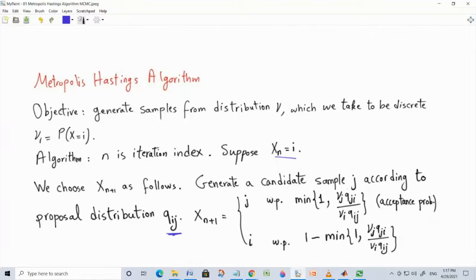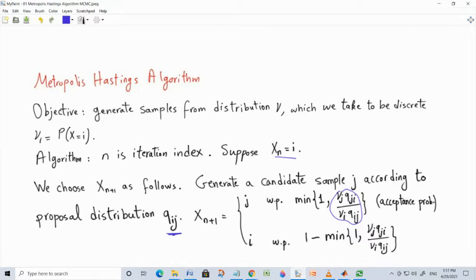This probability involves computing this mysterious quantity. If you see here, it is mu_j Q_ji, where Q_ji is the probability of proposing i as the next state if in the current iteration X_n is j.